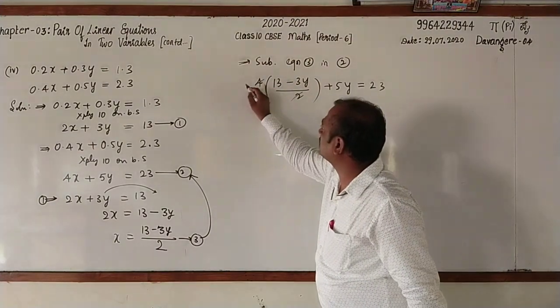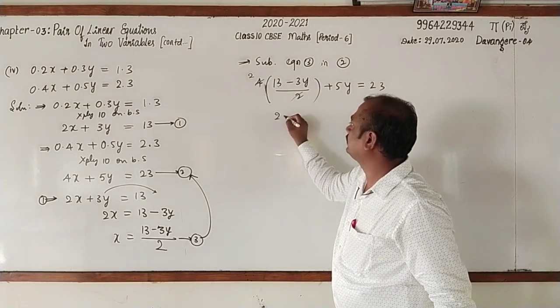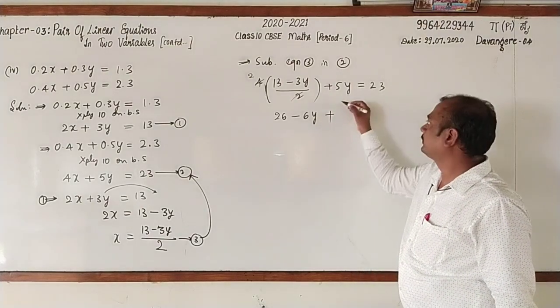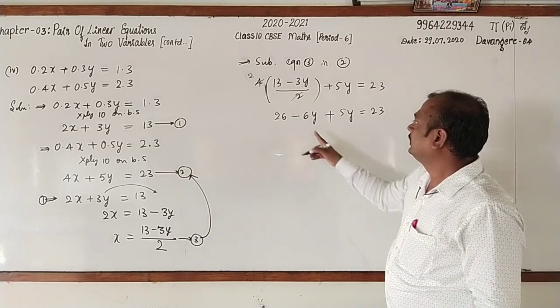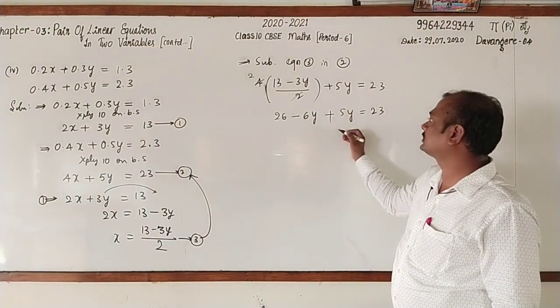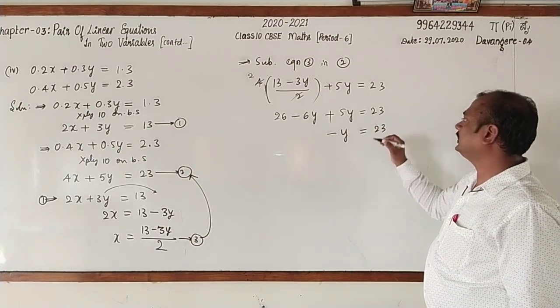You can cancel here. 2's are 2's are. Multiply 2 with both the terms. 13 2's are 26. 2 3's are 6y plus 5y is equal to 23. Then 26 minus 6y plus 5y, how much? This will be minus 1y is equal to 23.